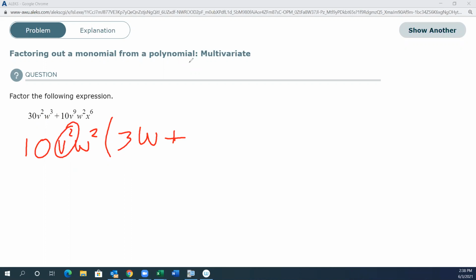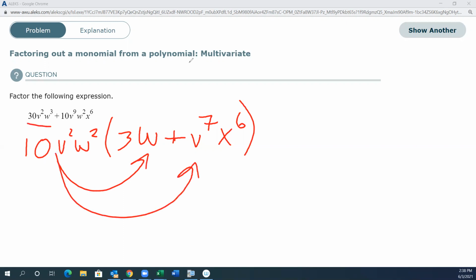I pull out a couple of v's out of 9 of them, so that means there's still 7 left over. I pulled out a pair of w's, that's all there was, so they're both gone. And I didn't pull any x's out, so all 6 of them are still there. And then you can multiply back through if you want, and see if you end up with what you started with, just to check your answer.